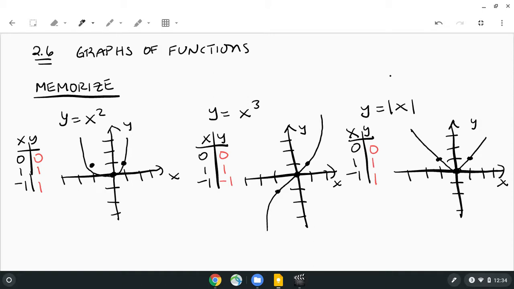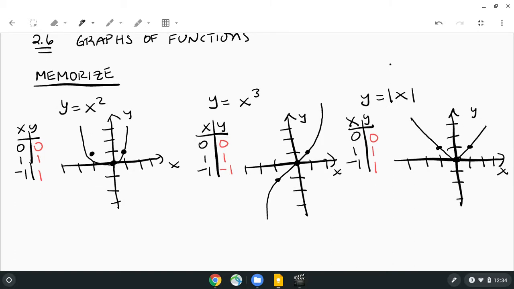So these are the 3 graphs that we're going to be focusing on here in graphs of functions. These are going to be the 3 parent functions, and then we're going to translate these around the xy plane. Okay, so that's pretty much it for the graphs.